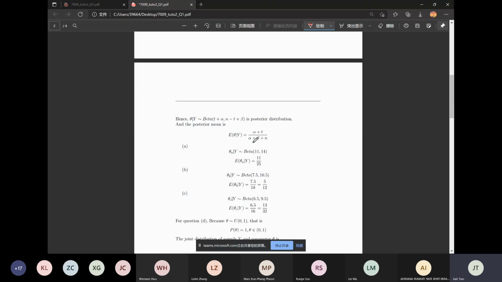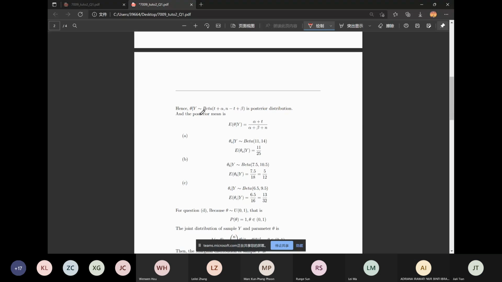So finally I get theta given y subject to beta, where the parameters are t plus alpha and n minus t plus beta. And this is the posterior distribution.